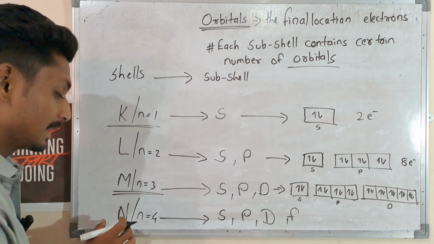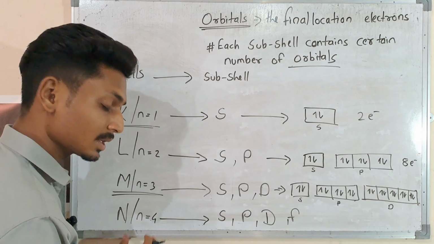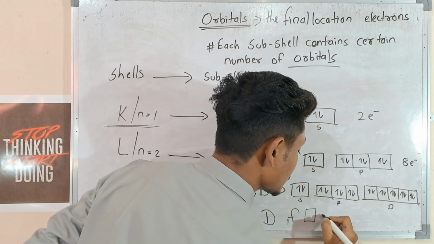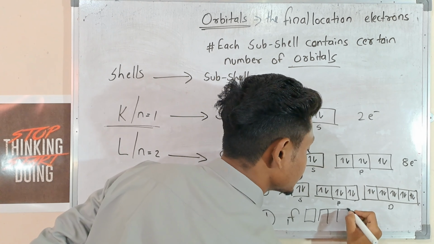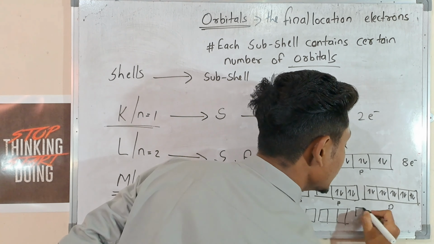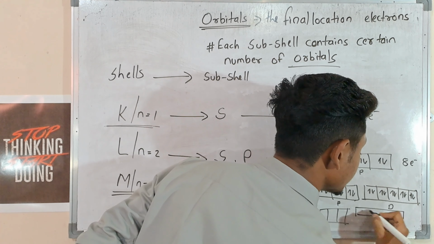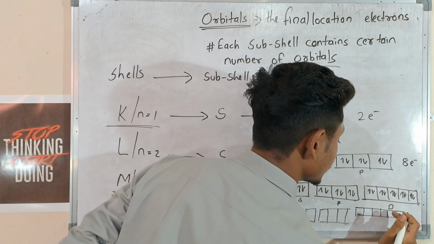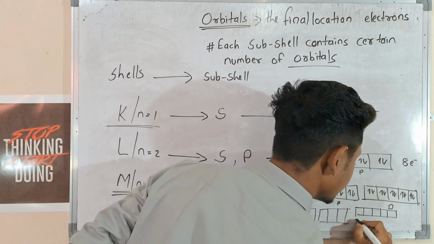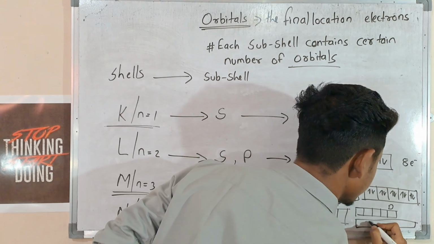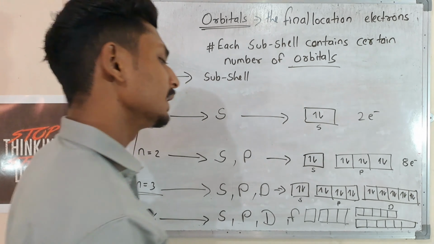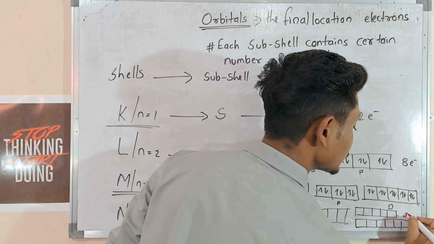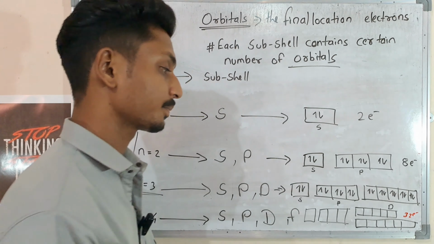And the final N shell, the fourth energy level, contains four subshells, S, P, D and F, containing 32 electrons.